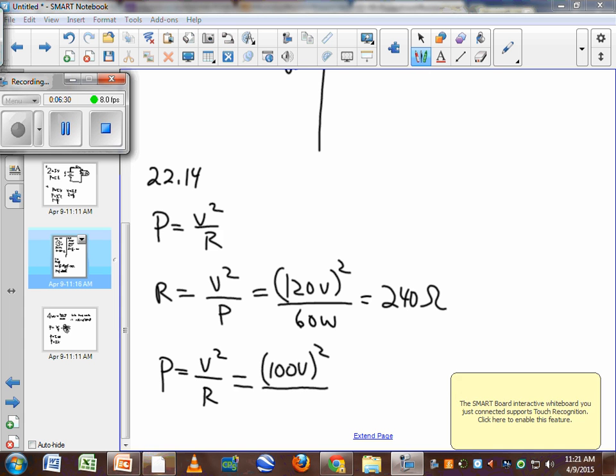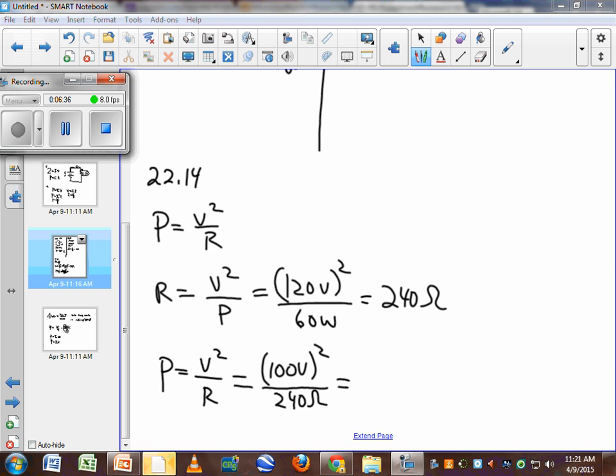We see that resistance stayed the same, 240 ohms. And so now we see that the power used on this dimmer switch at 100 volts is less. It's only 42 watts being used.